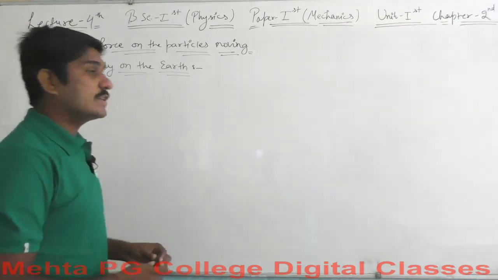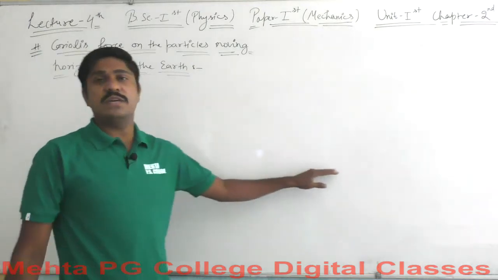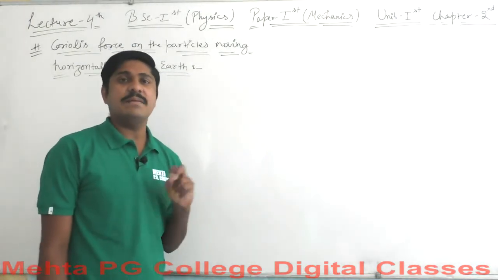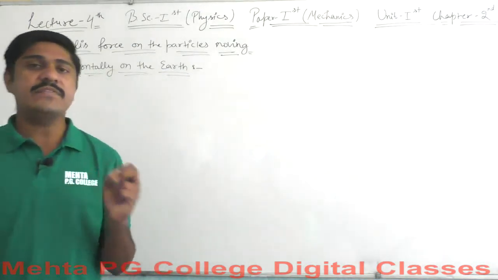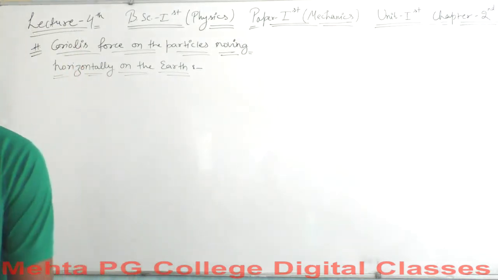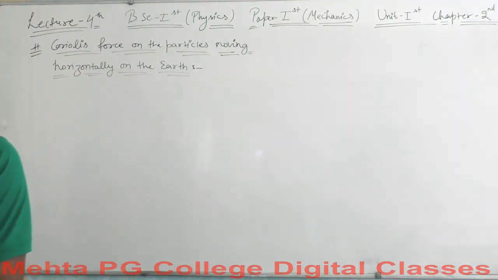So what happens when a particle is moving horizontally on the earth? We will do a little mathematical calculation here, and then approach all the theoretical concepts associated with it.